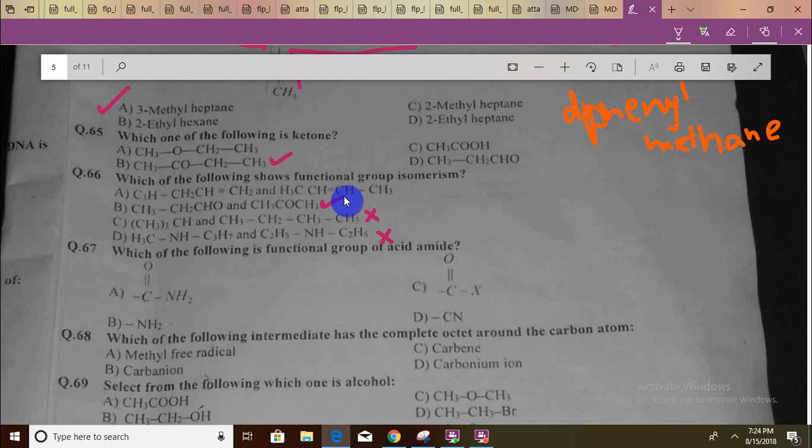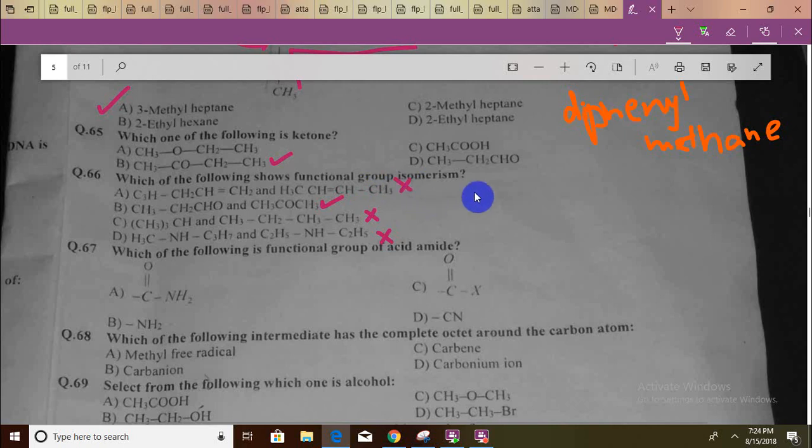Let's, just to be careful, let's look at this one. It's literally the same molecule, except there has been a change in position. Initially it was between first and second carbon, now it's between second and third carbon, so it's position isomerism and not functional group isomerism.